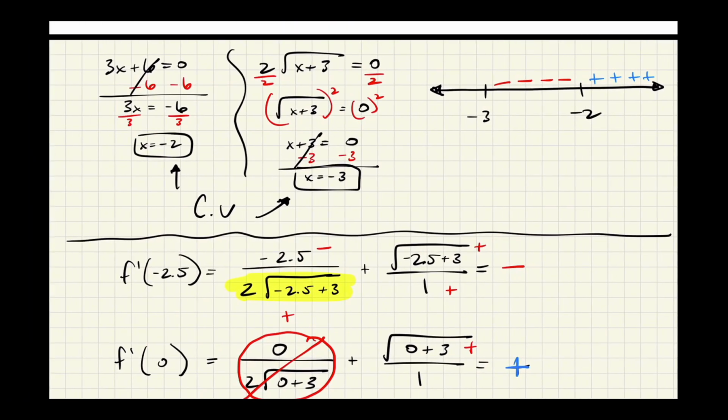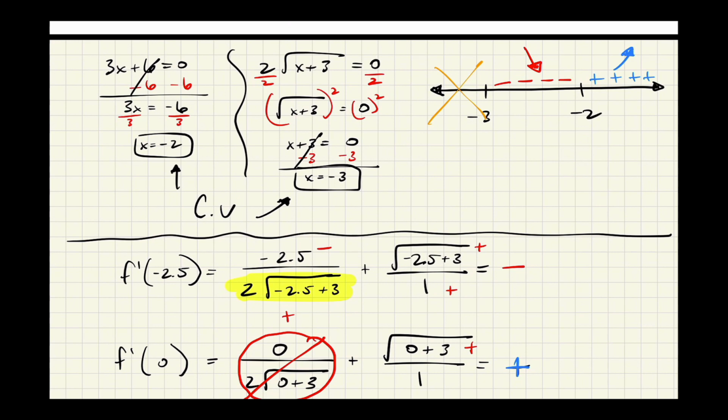So before negative 3, it doesn't exist. Before negative 3, the graph does not exist, because it's going to give me an imaginary number. We can't graph imaginary numbers. Okay, so it decreases, it starts decreasing, and then quickly at negative 2, it starts increasing and never stops increasing, right?